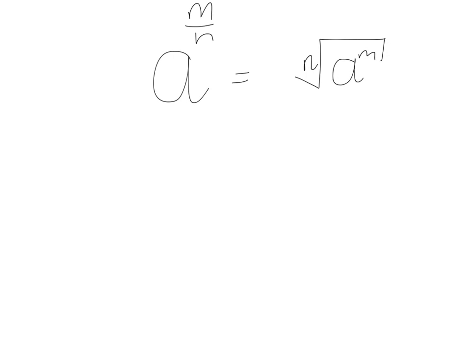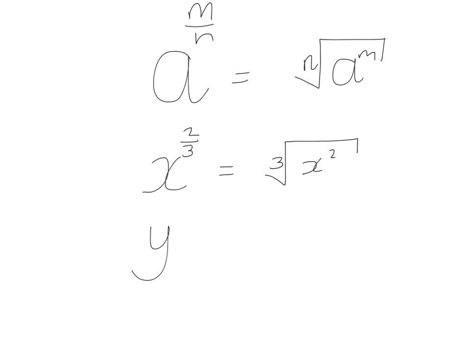This is going to lead on to our next formula. If we have got something to the power of m over n, we can write that as the nth root of a to the power m. For example, if we had x to the power 2 over 3, that is the same as the cubed root of x squared.